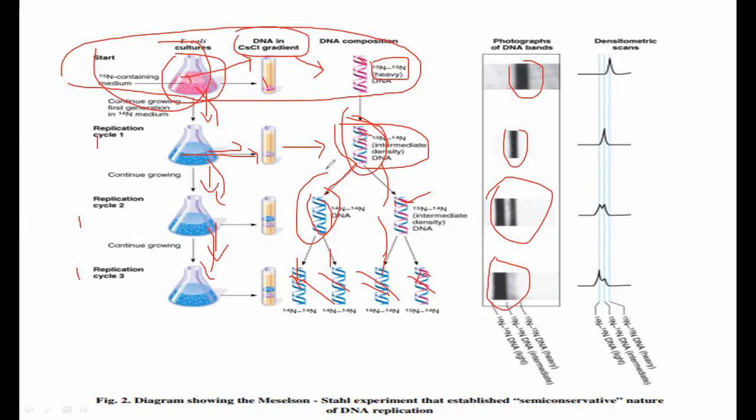And he found that in the first one, we have complete 15, and in the second one, you have one strand of 14 and one of 15. Finally, gradually, when he goes to the next cycle, he concluded that this nitrogen 15 goes only in one strand, and all the other strands contain nitrogen 14. Thereby he concluded that this is semi-conservative in nature. Is that clear?